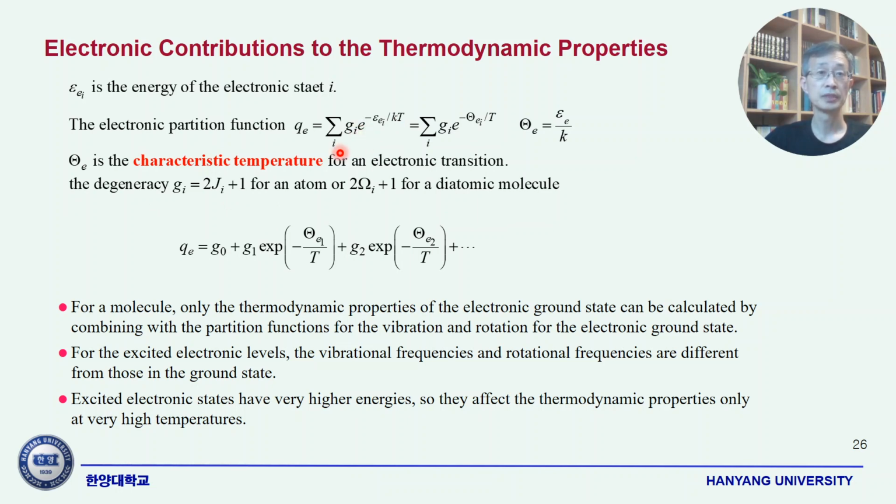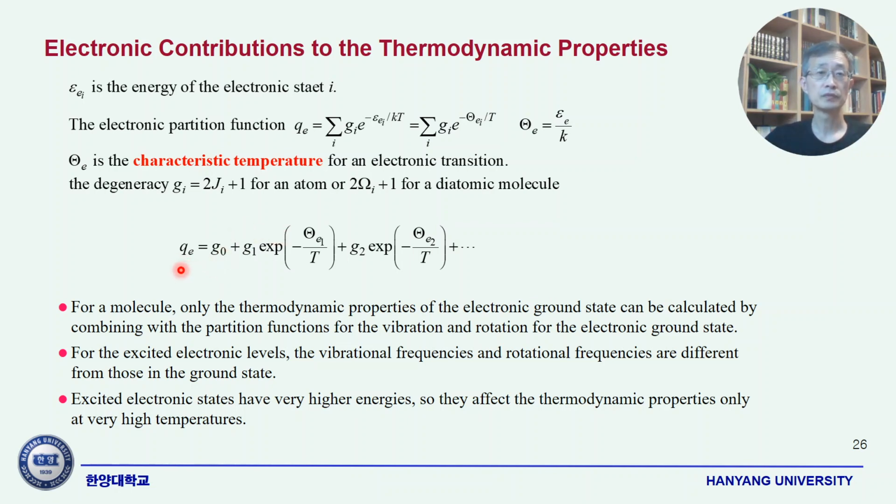We also consider the characteristic temperature for the electronic degrees of freedom, which is the electronic energy over k, a much greater number than for vibrational or rotational. And then we consider the degeneracy for the atom, which relates to the orbital angular momentum, the degeneracy or multiplicity of that electronic state.